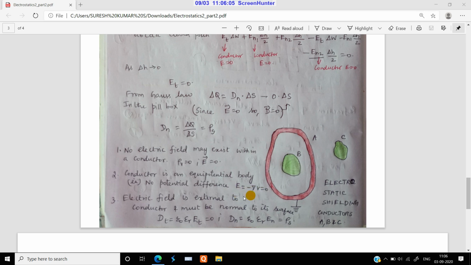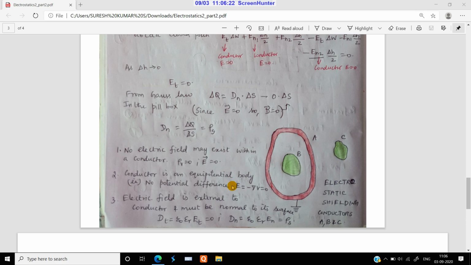From the equation E = -∇V, which is also equal to 0, the potential difference is 0. So the conductor is going to be considered an equipotential body.